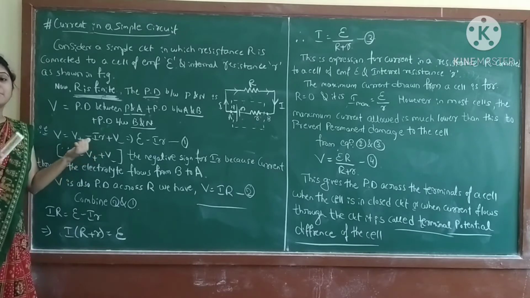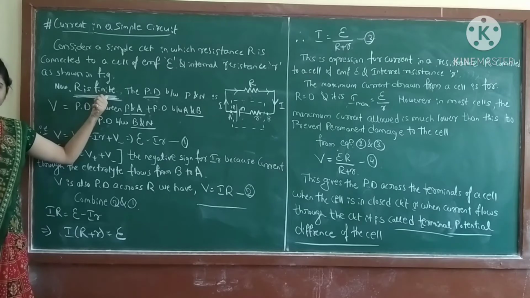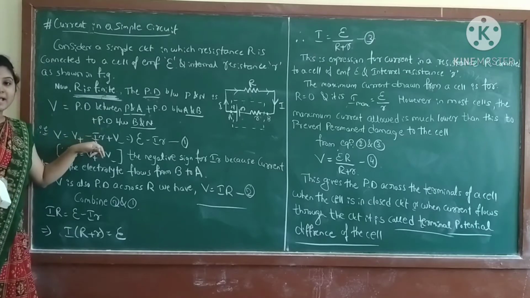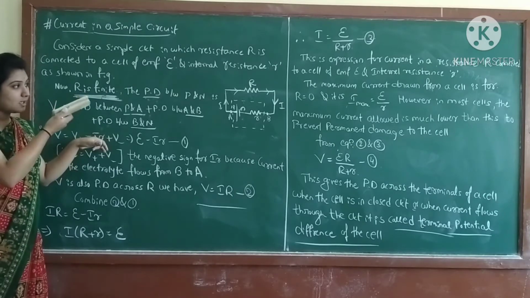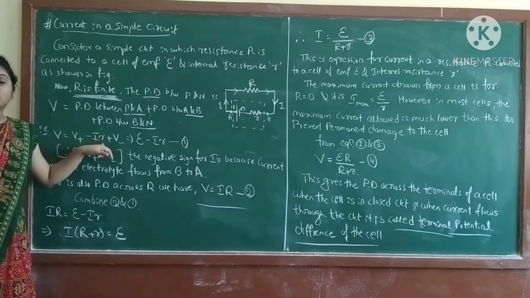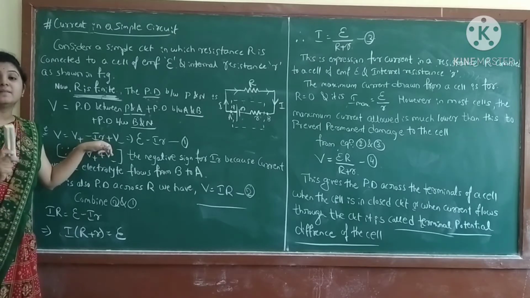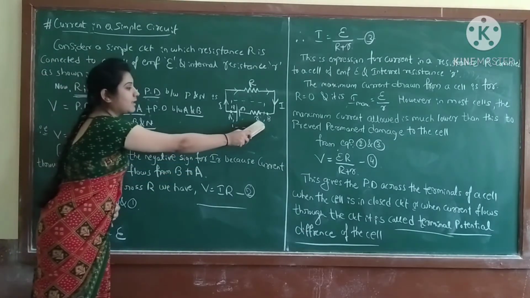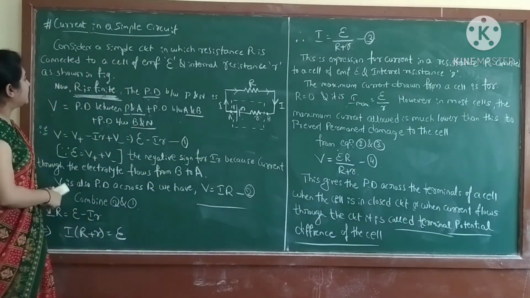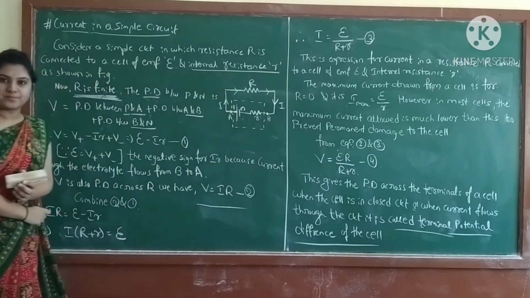Now it is minus Ir, because r is finite. Here I means the current through the circuit, and small r is the internal resistance. Don't write the capital R here; you have to write the small r, the internal resistance.